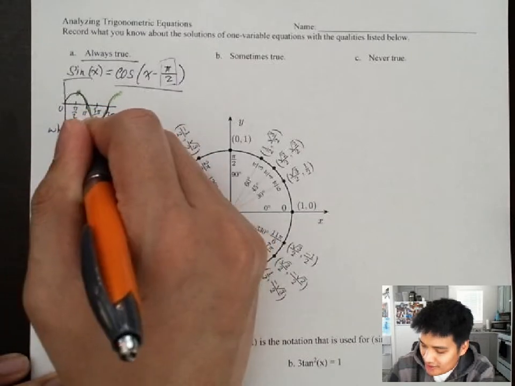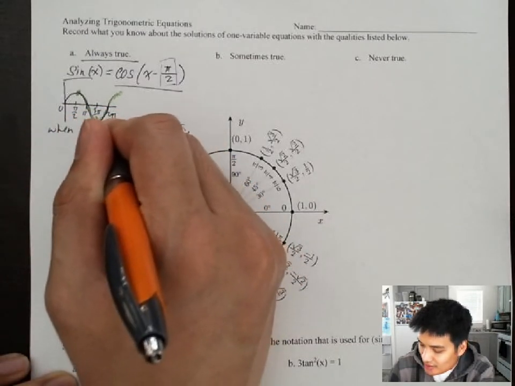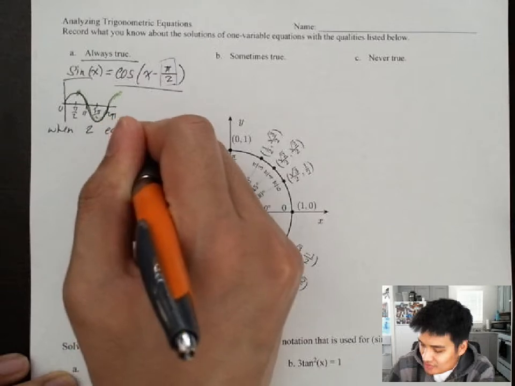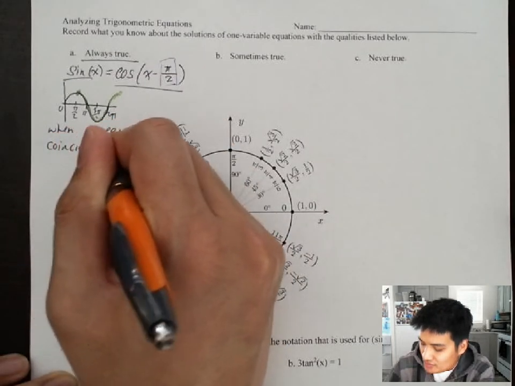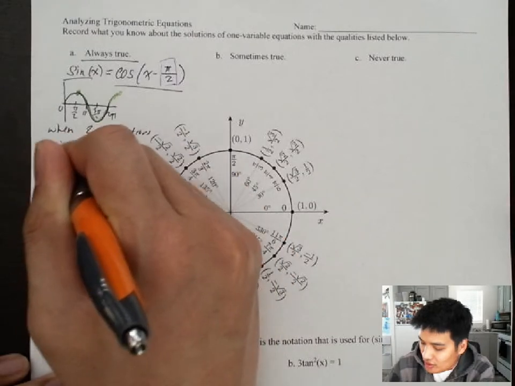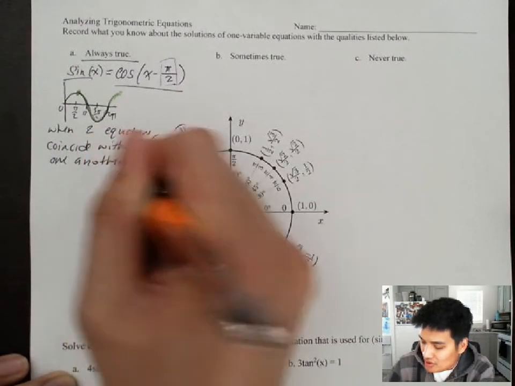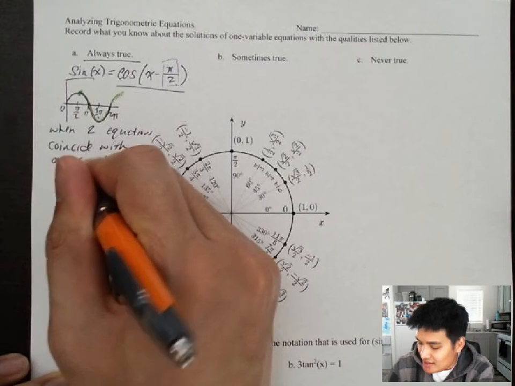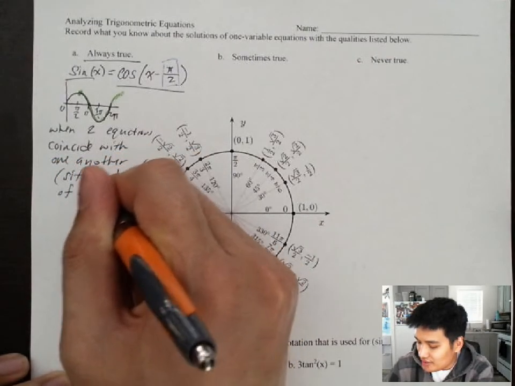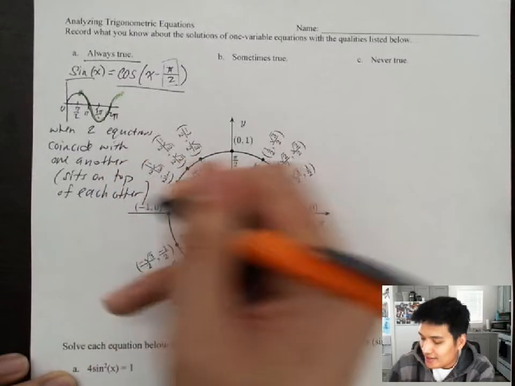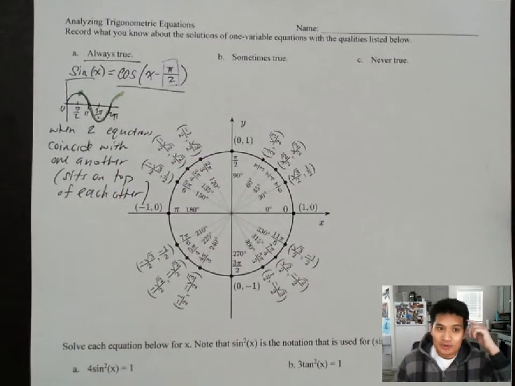So when two equations coincide with one another, basically what that means is one sits on top of the other. Okay, that's one way to look at always true.